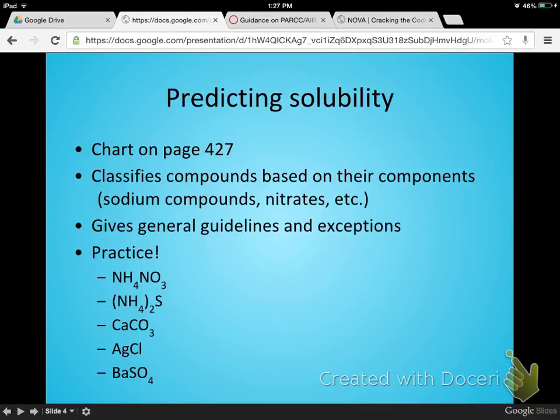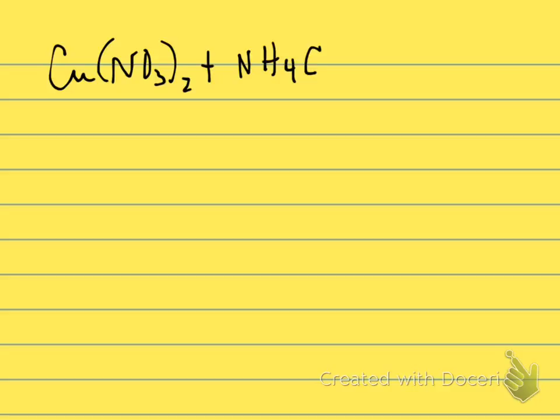I know what I really need, but I don't have it. We could have predicted that. So let's write those two. Well, first of all, let's talk about what happens when we mix two chemicals like that. So we had Cu(NO3)2 plus NH4CH3COO.